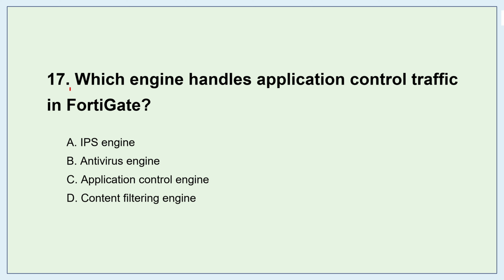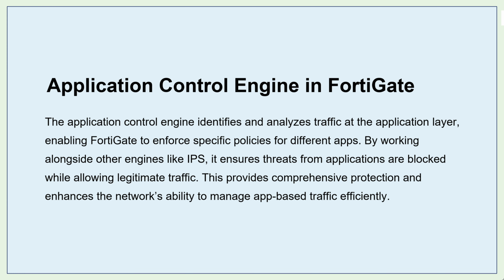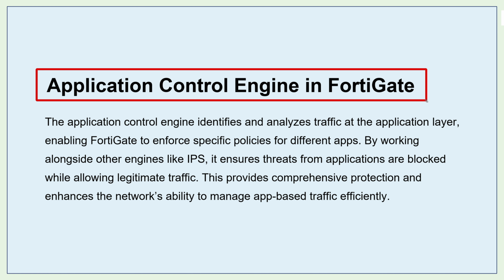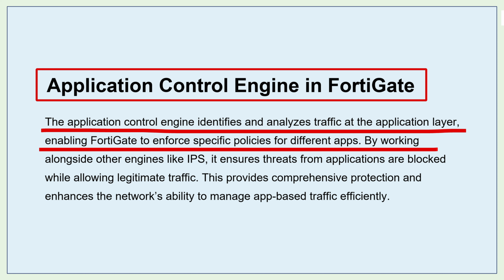Question 17. Which engine handles application control traffic in FortiGate? The knowledge points of this question are: FortiGate traffic management. The application control engine analyzes traffic and enforces rules at the app level. It works with IPS and antivirus to block threats while allowing legitimate app usage.